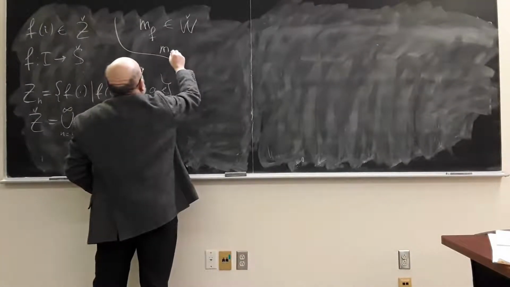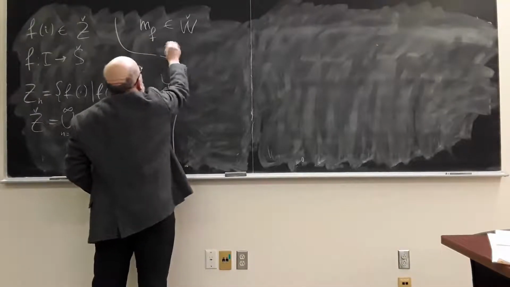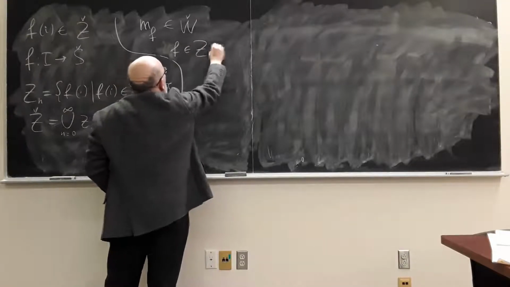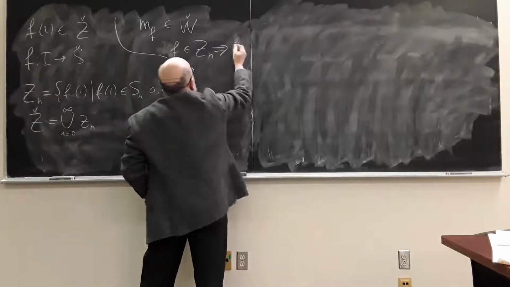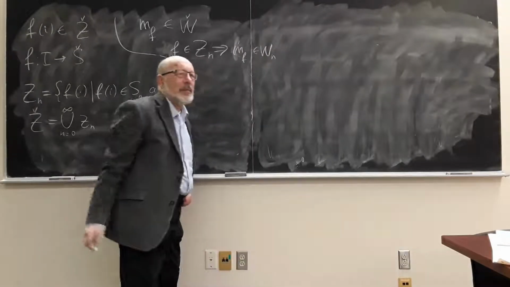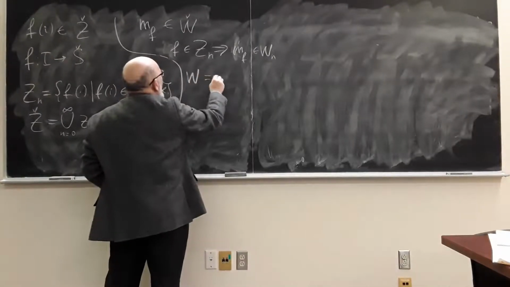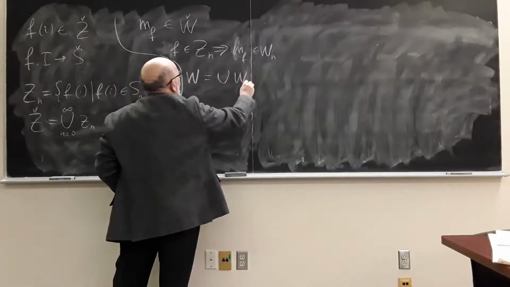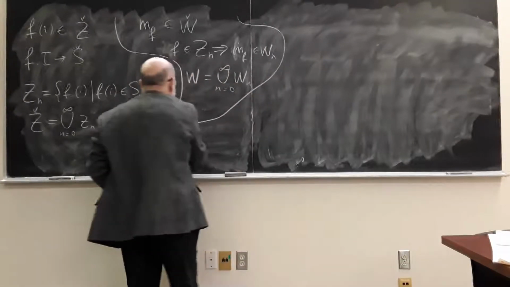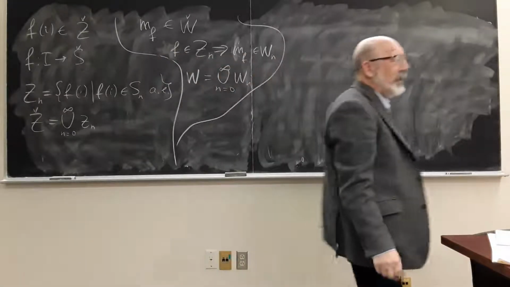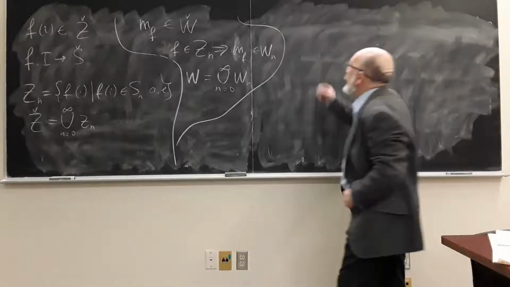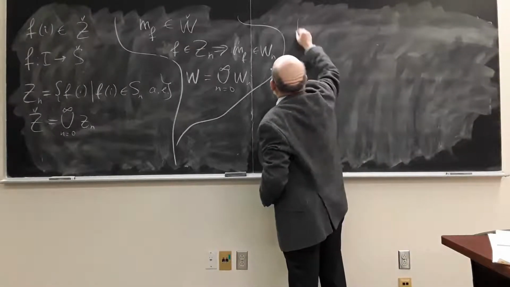If F is in Zn, then MF is in Wn. And W equals the union of Wn. So we have two sorts of objects. And now the following properties. Let me say theorem.